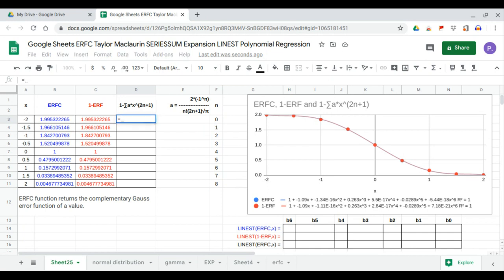Enter the formula. So array formula, 1 minus series sum of the x values, where the x values increase from x to 2n plus 1. So n at 0, that's 1, so x to the power 1.